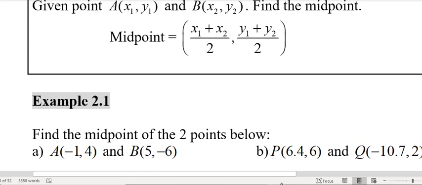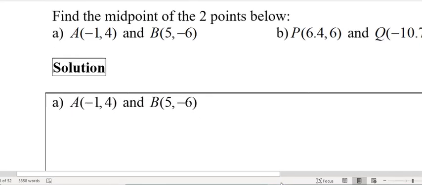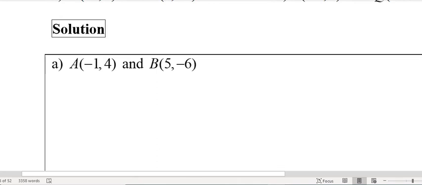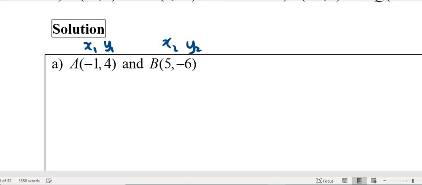First of all, please remember to rename it first. You rename the respective coordinates of the first point as x1, y1, then the second point as x2, y2.